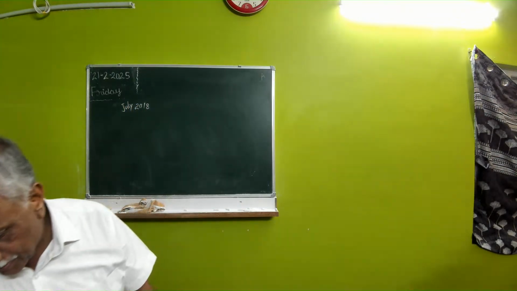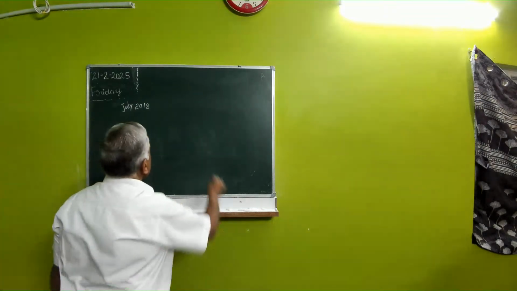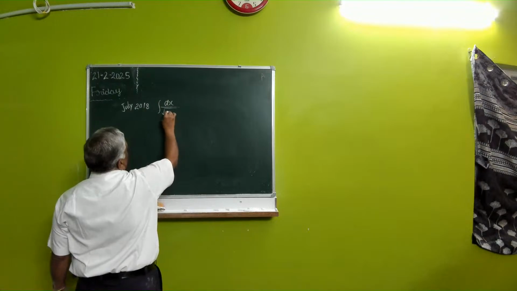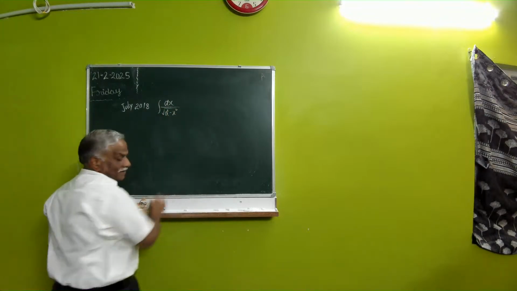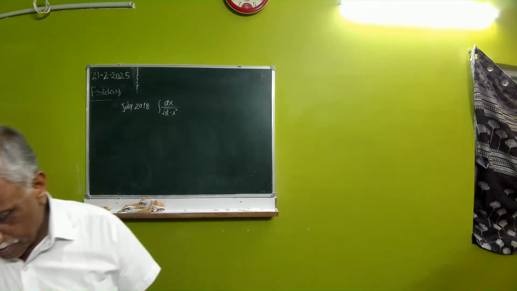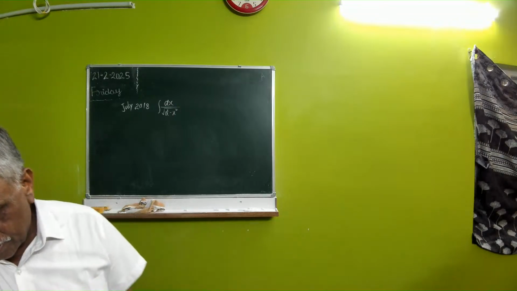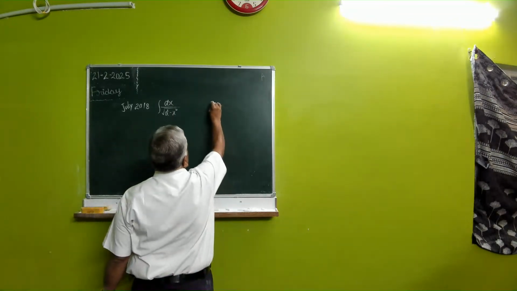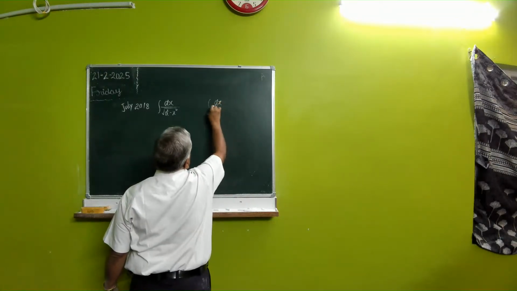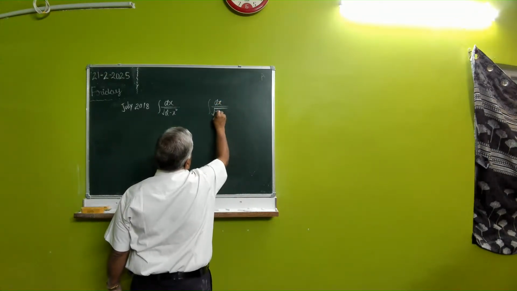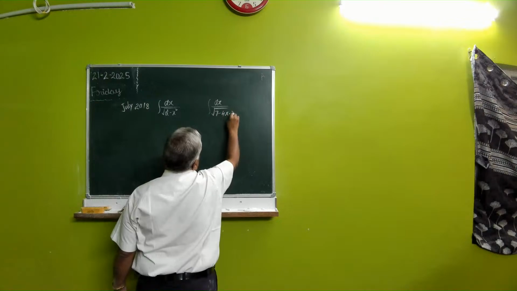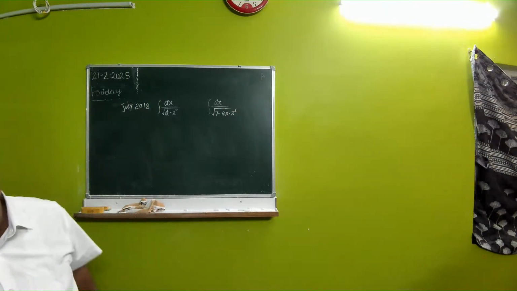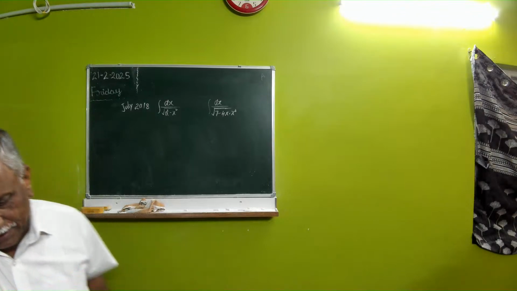The problem given is dx over root of a square minus x square, and evaluate dx over root of 7 minus 4x minus x square. 7 minus 4x, 4x only.